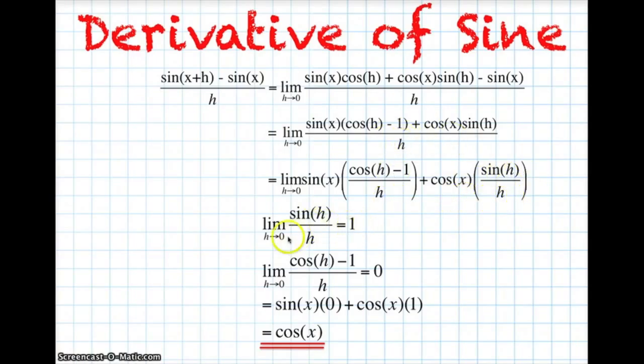Now the limit as h approaches 0 for sine h over h is equal to 1, and the limit as h approaches 0 for cos h minus 1 all over h is equal to 0. If we plug that back into the equation, we get sine x times 0 plus cos x times 1, and that equals cos x. So the derivative of sine is cos x.